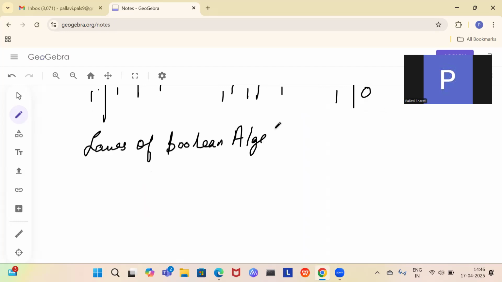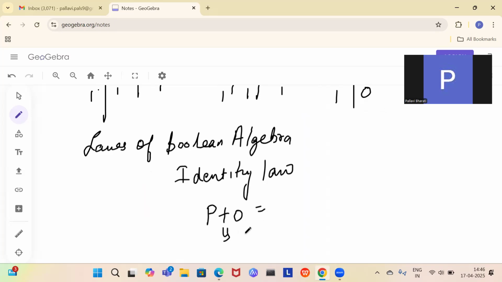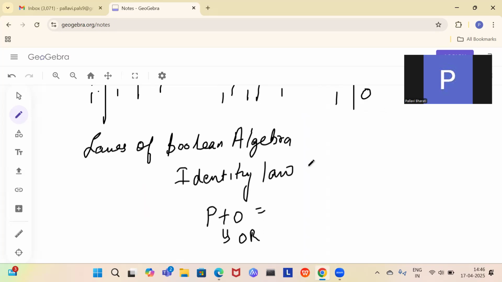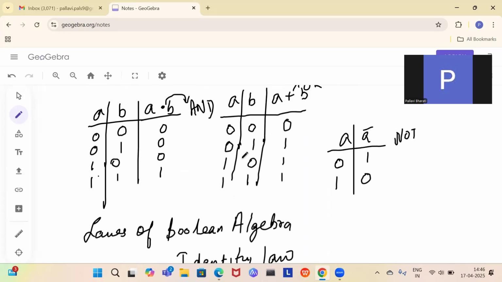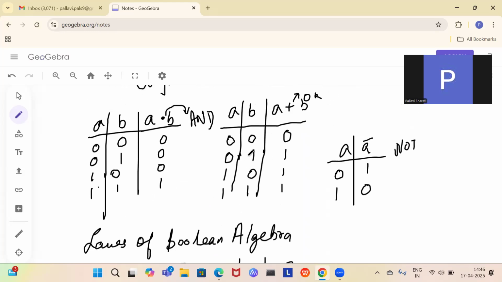Laws of Boolean algebra. First is the identity law, which says that if you are adding 0 with any variable, p plus 0, then see, this plus was what? My OR operator. What did you study over here in the OR operator? That even if one of them is 1, the output is going to be equal to 1.